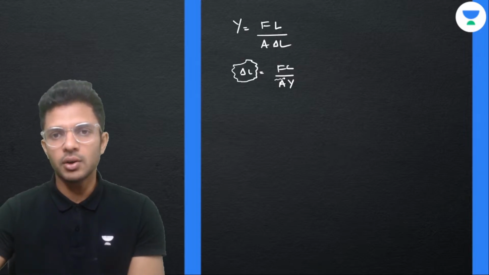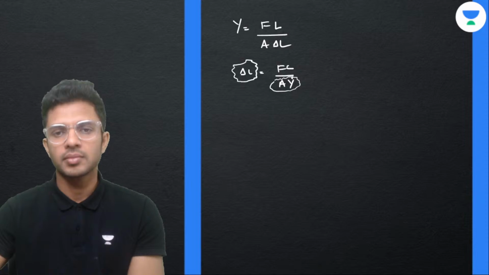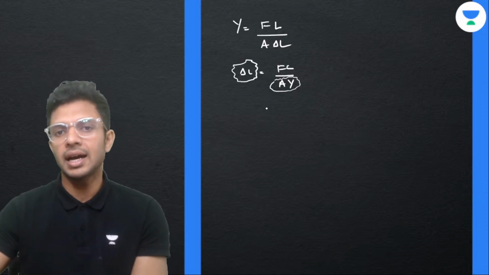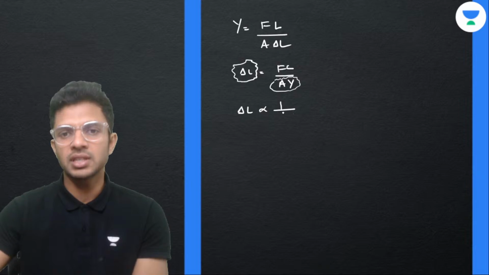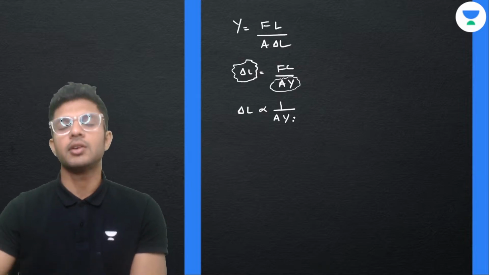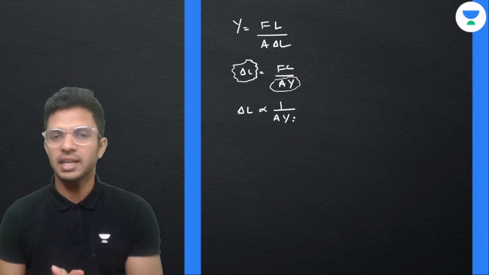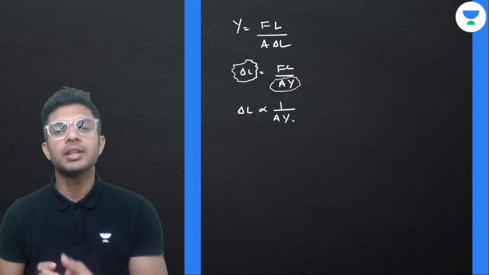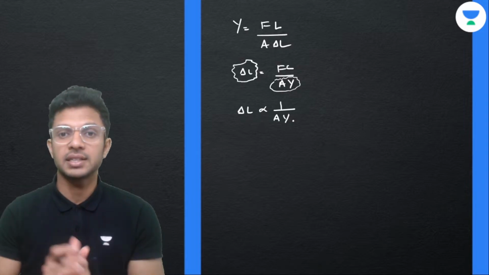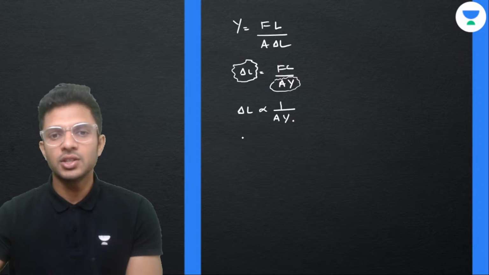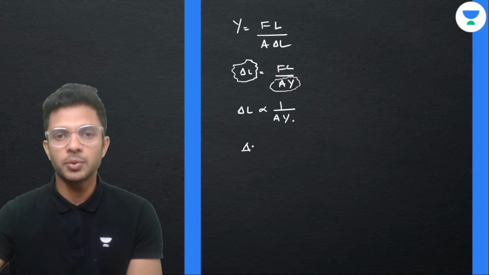ठीक है. Now it only depends upon area and Young's modulus, which means what I want to write is change in length is inversely proportional to the product of area and Young's modulus. That's it. क्योंकि given in the question that the force acting on both the wires and length of the wires are the same. ठीक है. So let's do what we are supposed to do.